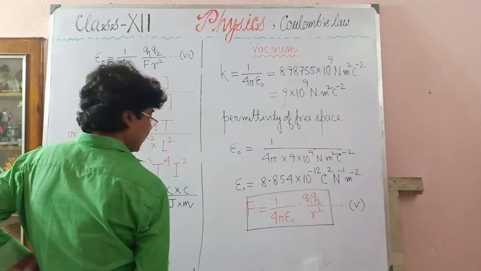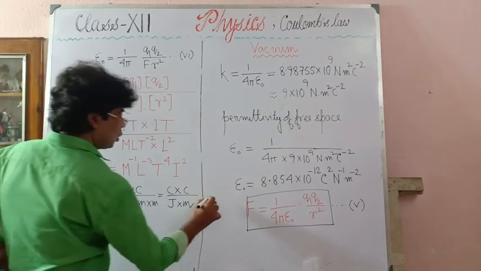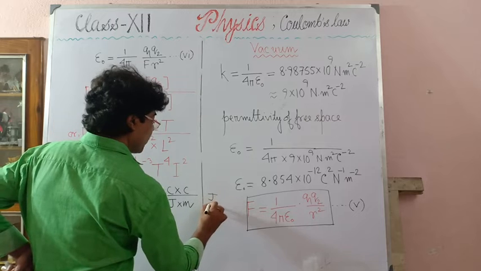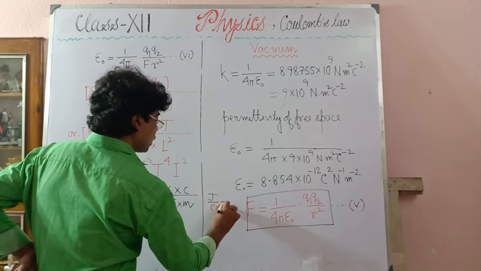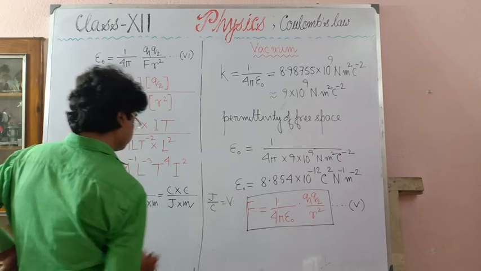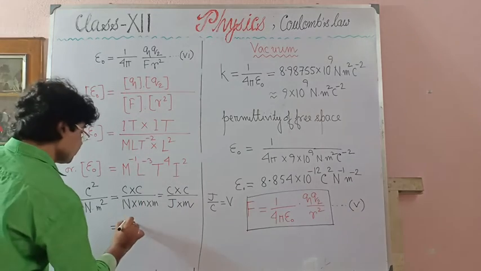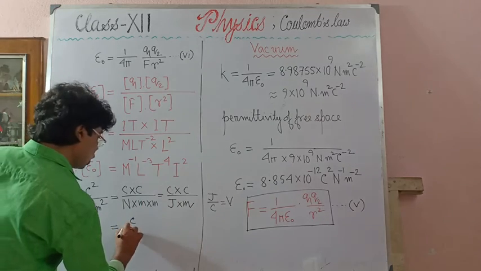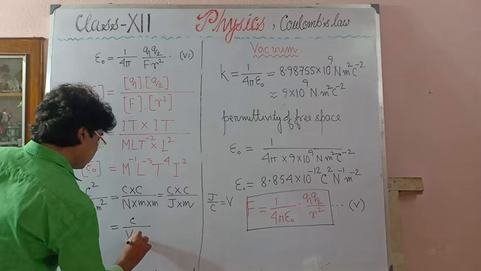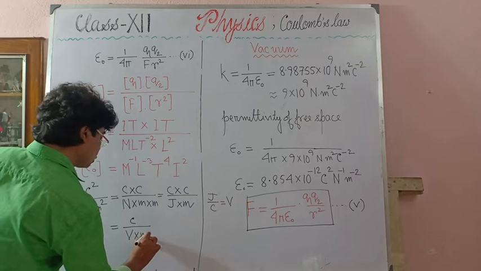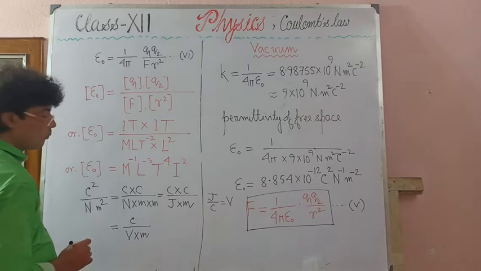We know that Joule per Coulomb equals volt, so this can be written as Coulomb by volt into meter.